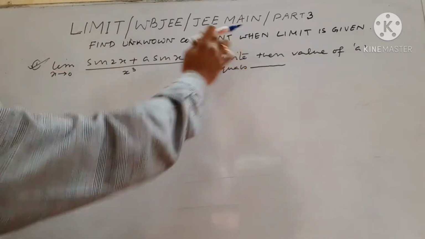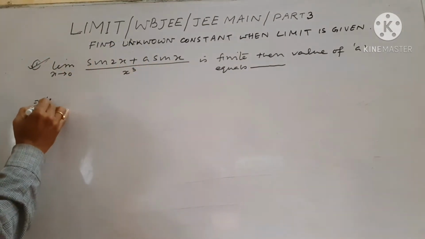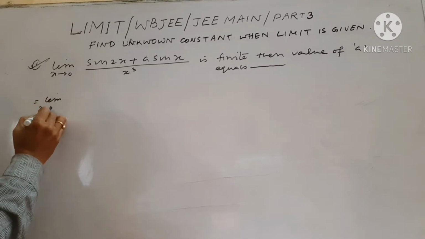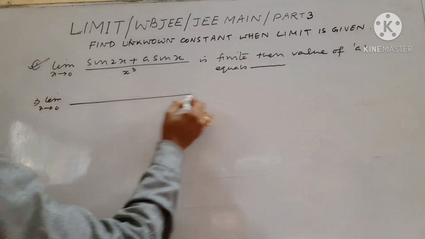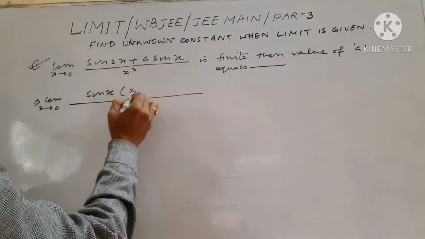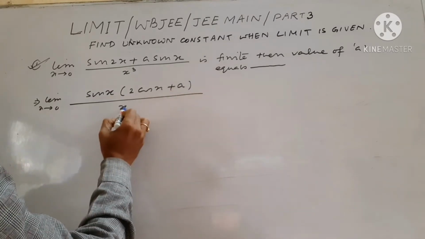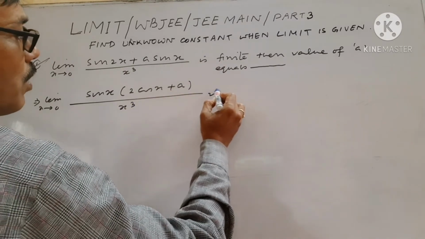So, one unknown a. So, limit x tends to 0, 2 sin x cos x. So, sin x common, (2 cos x plus a) by x cube is finite.